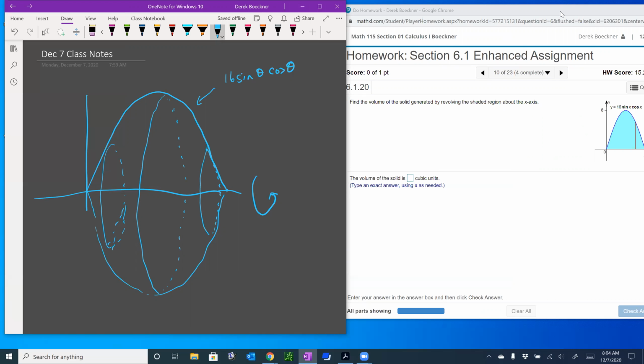If we spin it around there, I'll have circles as my cross sections. Okay, so we're going to take this representative rectangle, and they kind of drew it in there with that red line a little bit.